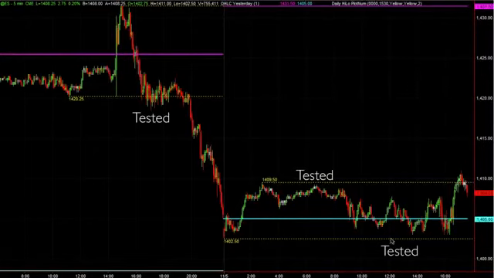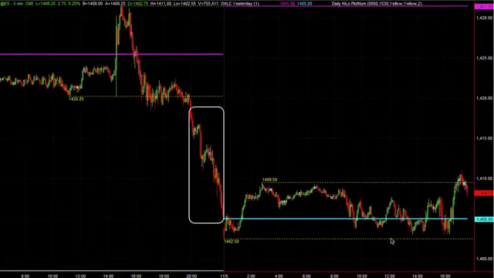We don't only use the overnight high-low for entries, we also use it for analysis. And the same goes here. We have a nice move down. And why is that? Well, one reason could be we take out a triple low at overnight low.